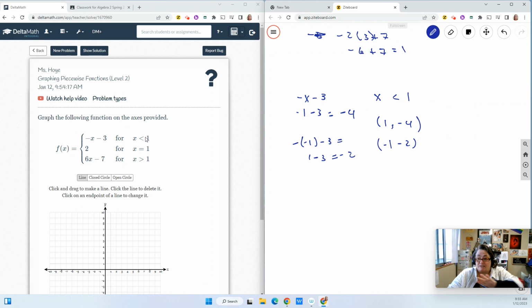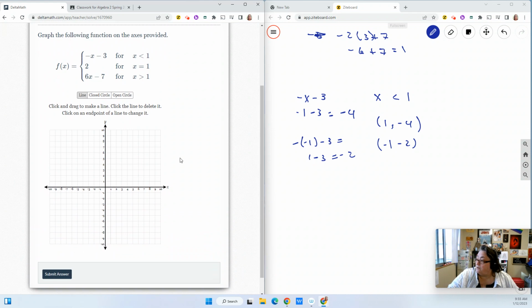For any x that's less than 1, we're going to put in this graph right here. And we're going to go from 1, negative 4, which starts here, all the way to negative 1, negative 2. And we're going to make that an arrow because it's for every x value that's less than 1.